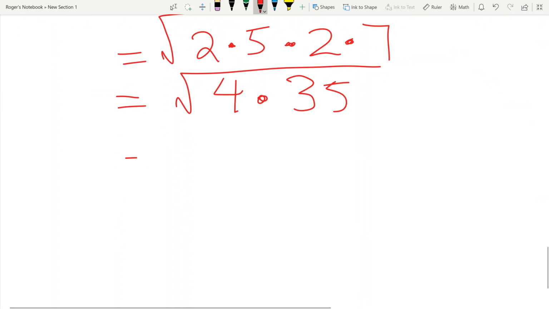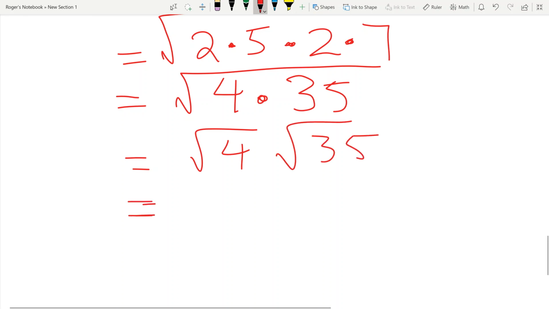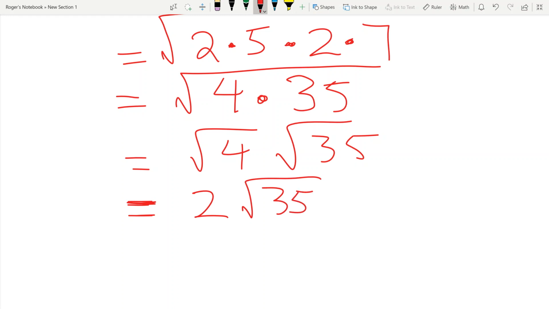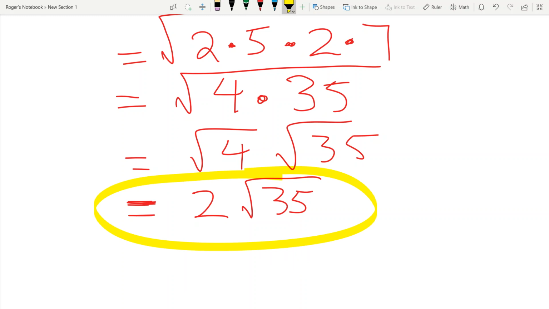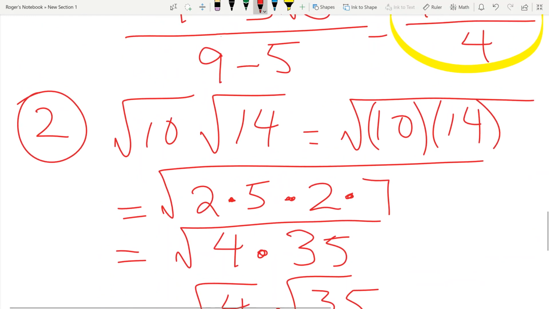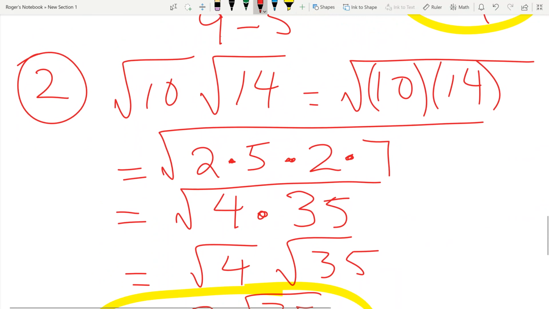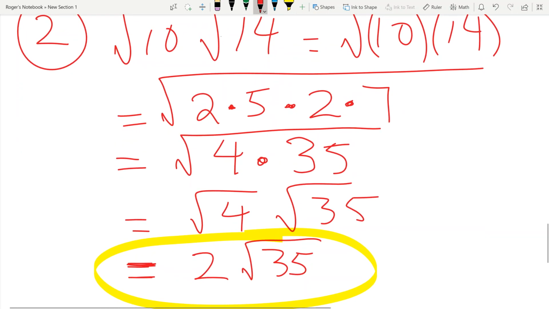So this becomes the square root of 4 times the square root of 35, which is equal to 2 square roots of 35. There's your final simplified answer, 2 square roots of 35, simplified down from the square root of 10 times the square root of 14. Pretty simple, straightforward, shouldn't be too hard.